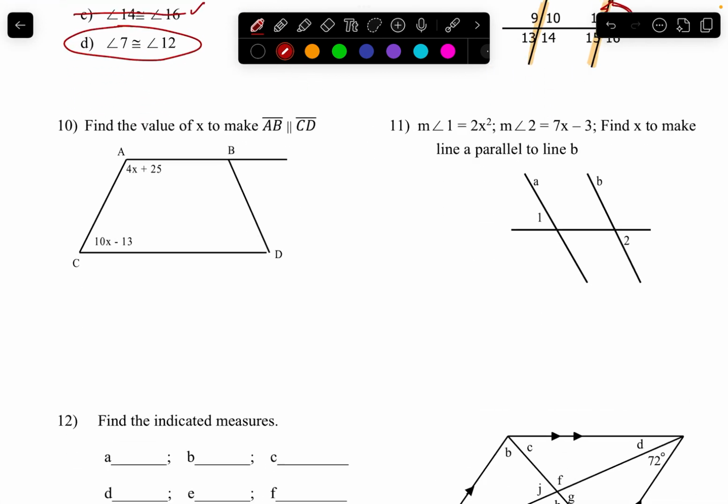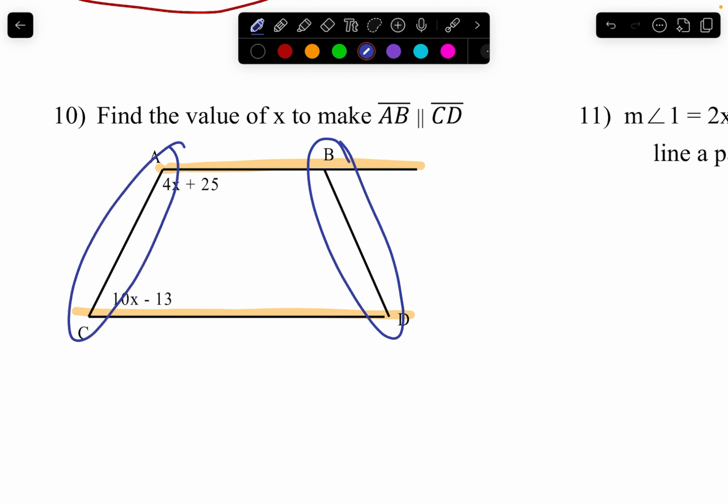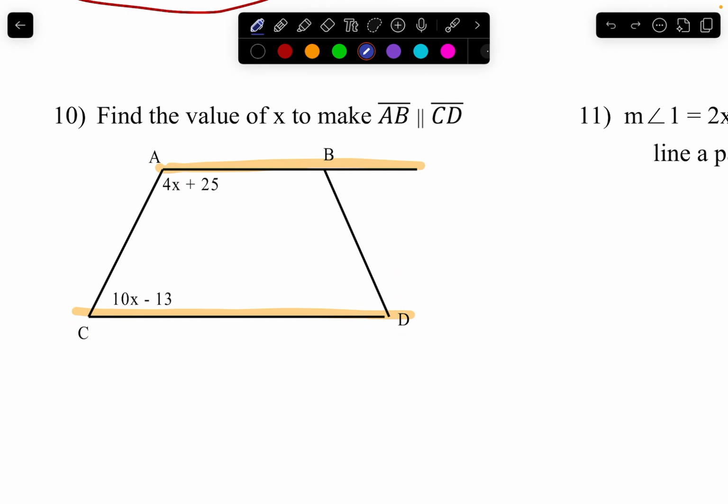All right, moving on. Number 10, it says find the value of x that makes line AB parallel to CD. If I want AB to be parallel to CD, that means that this line and this line are considered our transversals, okay? The angles that I'm looking at are over here. So here's an angle and here's an angle.